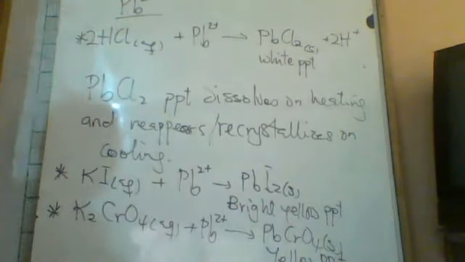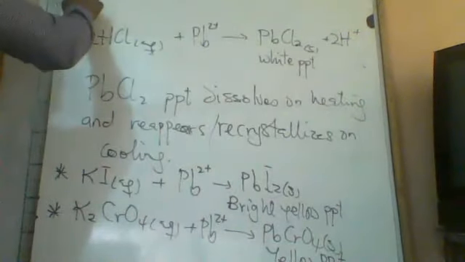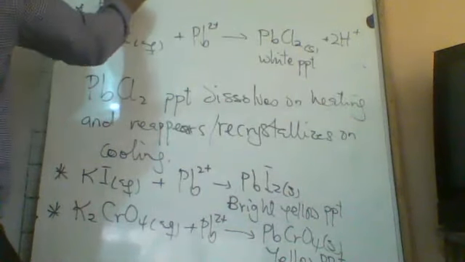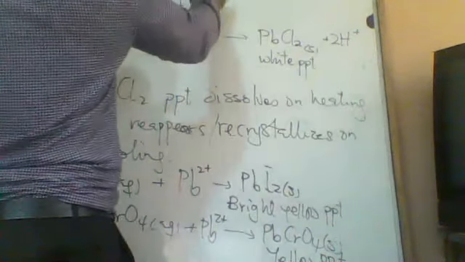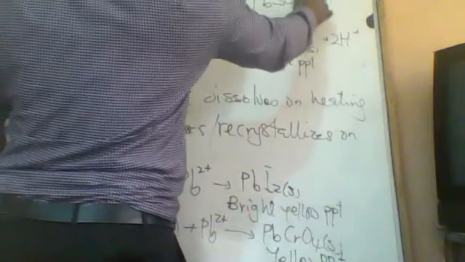Then the fourth one has to do with sulfuric acid. By using dilute sulfuric acid, you are going to form lead sulfate. And lead sulfate is insoluble.